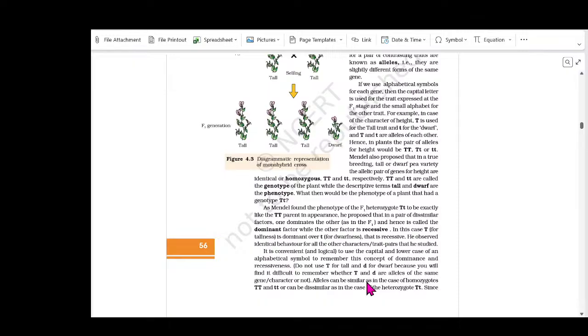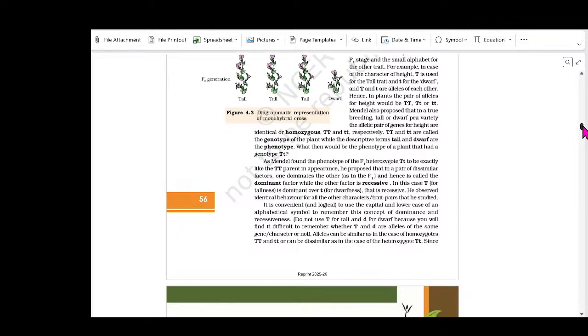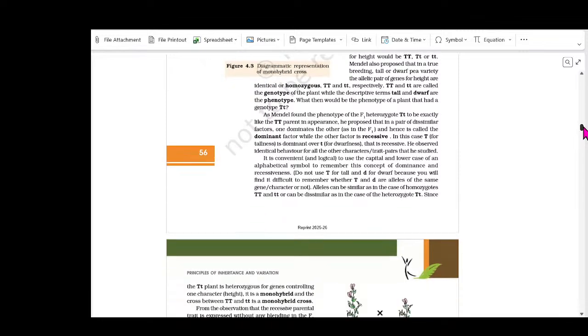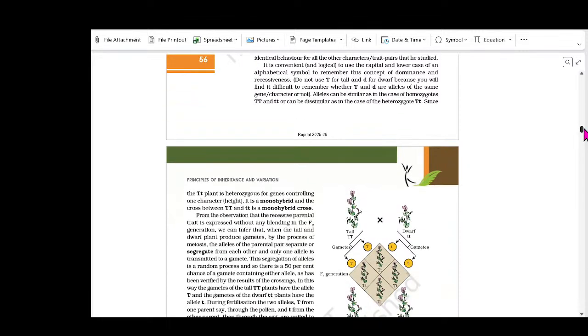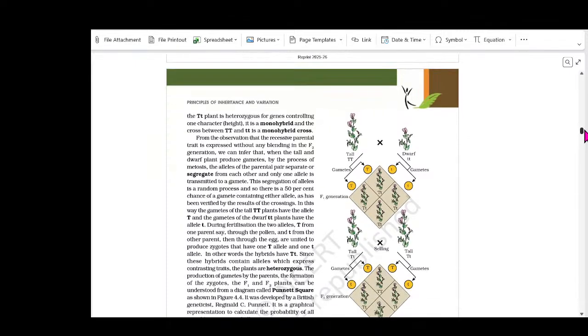Alleles can be similar, as in the case of homozygotes like TT and tt, or can be dissimilar, as in the case of a heterozygote Tt. Since the Tt plant is heterozygous for genes controlling one character, that is height, it is a monohybrid, and the cross between TT and tt is a monohybrid cross.